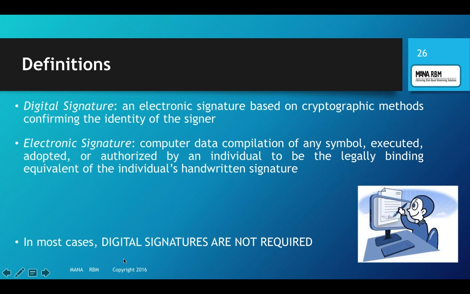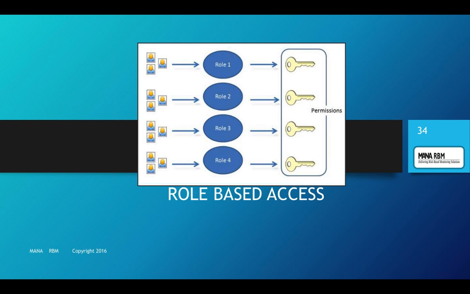Now, in most cases, and I can't think of any right now, you do not have to have a digital signature. There could be certain things within a company, but from a regulatory standpoint, electronic signatures are sufficient. I don't know of any place where you have to use a digital signature. And e-signatures are much easier to do than digital signatures.